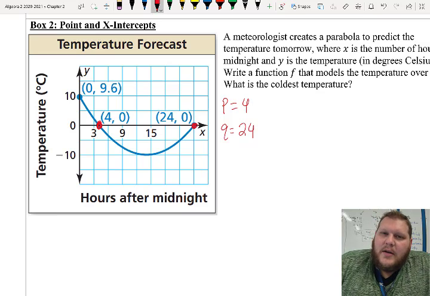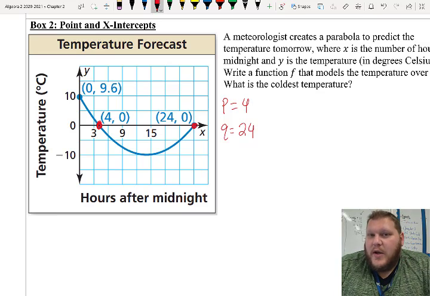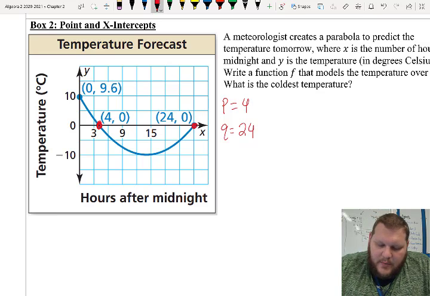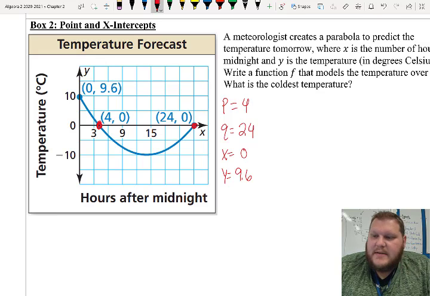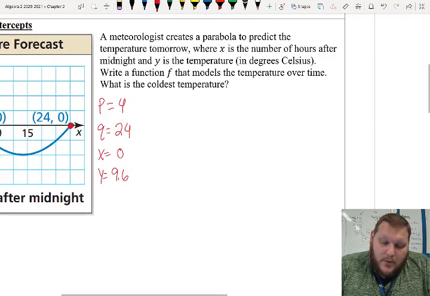But in this case, because of the equation that we're using, the y-intercept isn't really useful to us as a y-intercept. In general, it's just our other point, an x and y value: when x was 0, my y was 9.6. So I'm going to use those 3 pieces of information to write my equation.